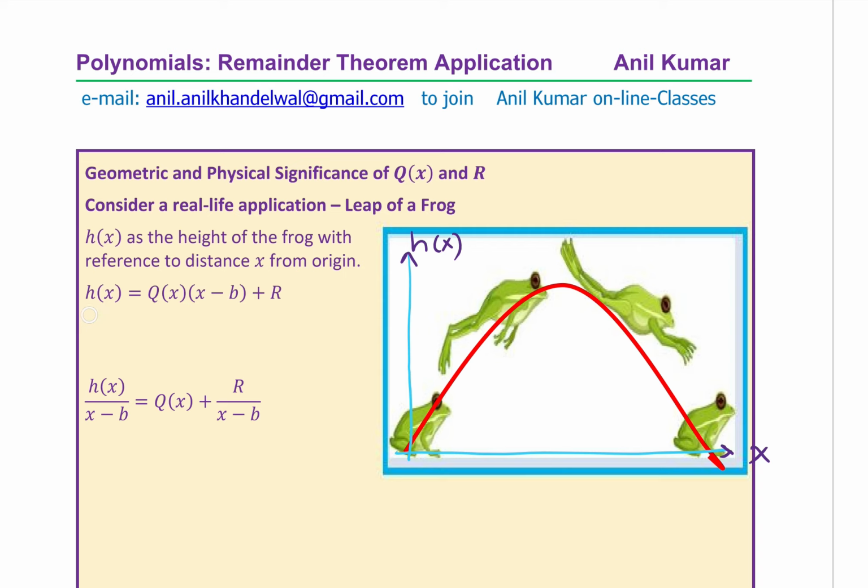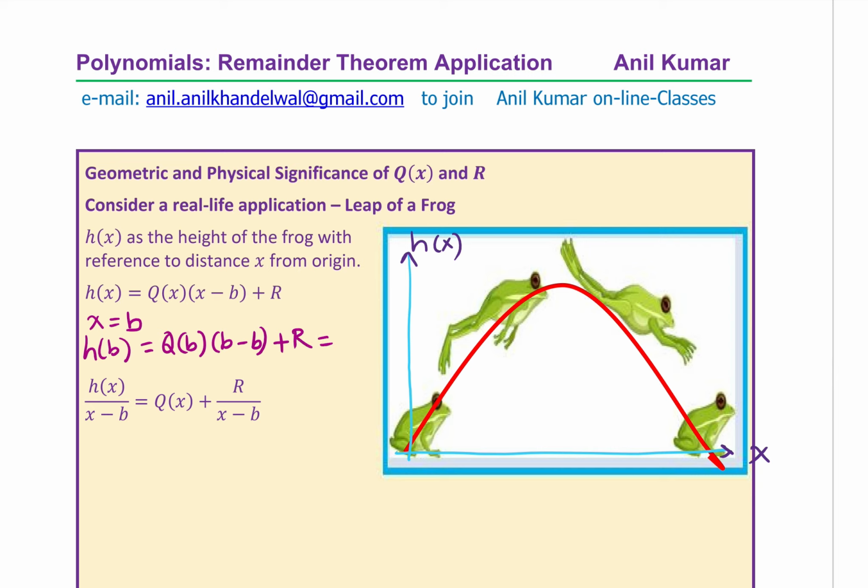Now, if you look at this equation, h of x equals q of x times x minus b plus r, what happens when I write x equals b? In that case, h of b will be equal to q of b times b minus b plus r. Now b minus b is 0, right?